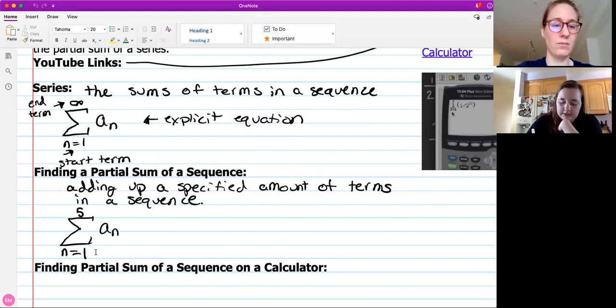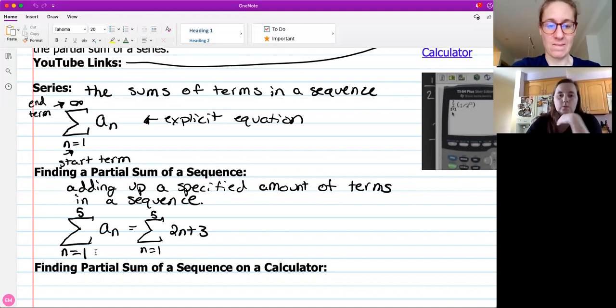So if we had, for example, 5 on top, n equals 1 on the bottom, and let's just say we have the equation 2n plus 3. So we want all the terms 1 through 5. Then our first term would be 5, our second term would be 7, our third term would be 9, 11 plus 13.